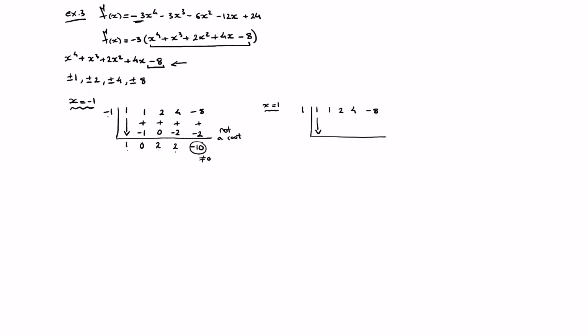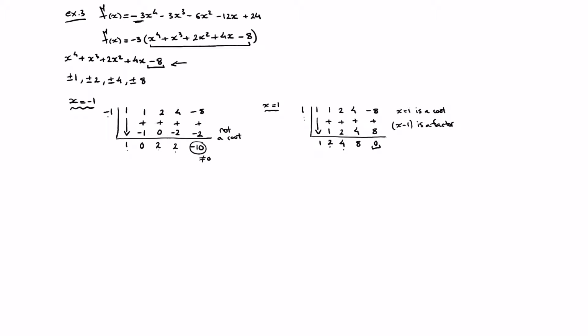So we carry down the 1. 1 times 1 is 1. 1 plus 1 is 2. 1 times 2 is 2. 2 plus 2 is 4. 1 times 4 is 4. 4 plus 4 is 8. 1 times 8 is 8. And finally, negative 8 plus 8 is 0. And since we find 0, we can state that x equals 1 is a root. And therefore, x minus 1 is a factor.